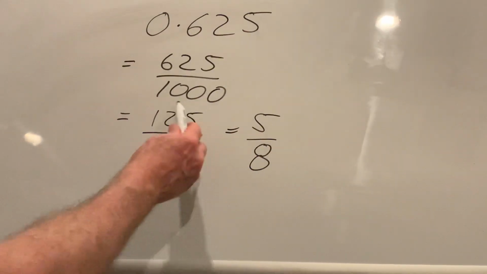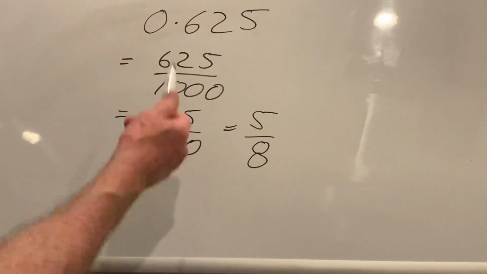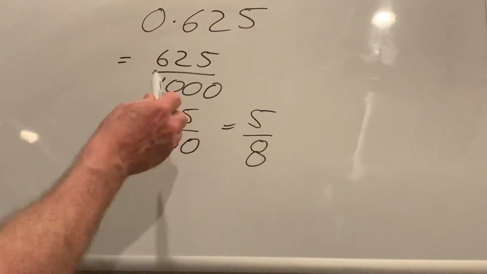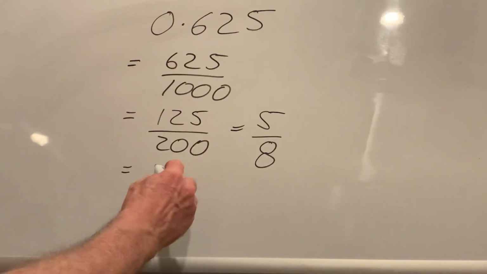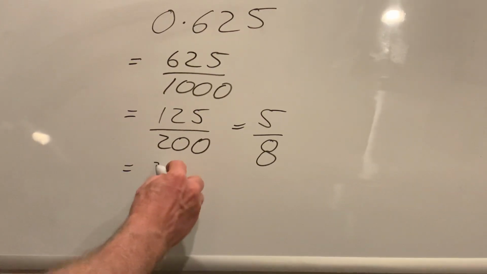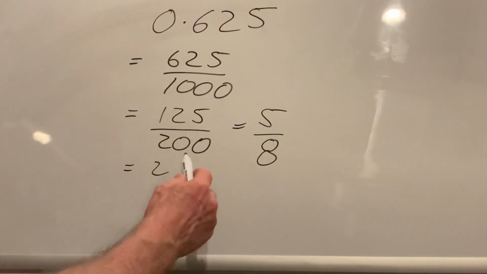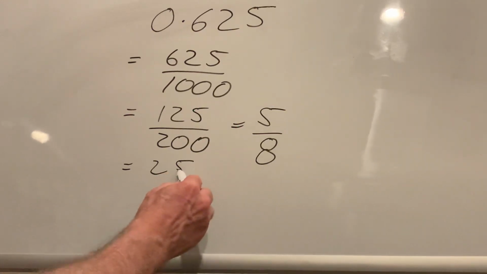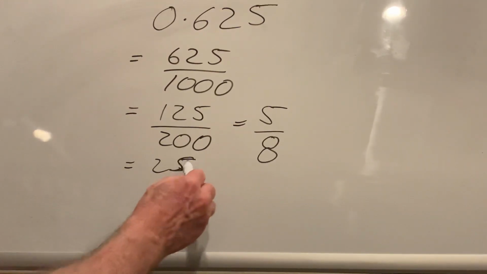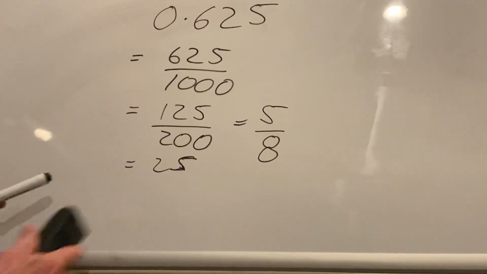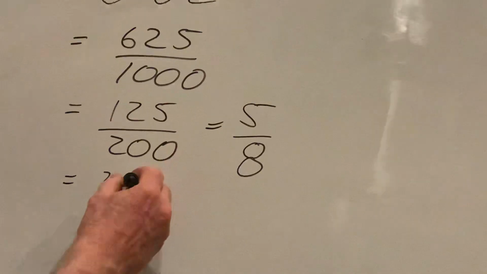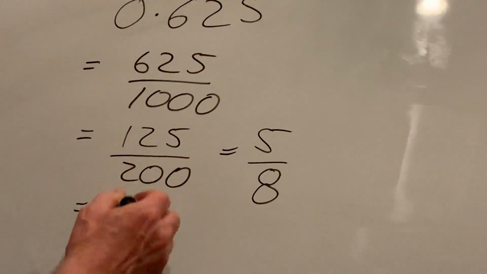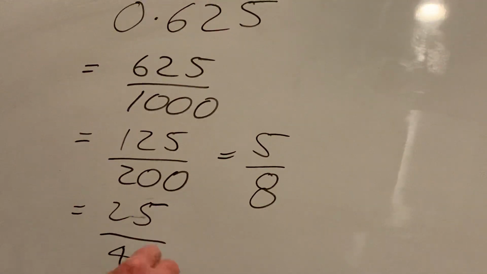Now, if you can't make that jump with 25, you might say, well, let's do 5 again. 5 into 125 equals 25. Sorry, that is a 5. A very bad 5. In fact, I'll redraw it. There we are. Good, we can do this. Equals 25, and 5 into 200 goes 40.